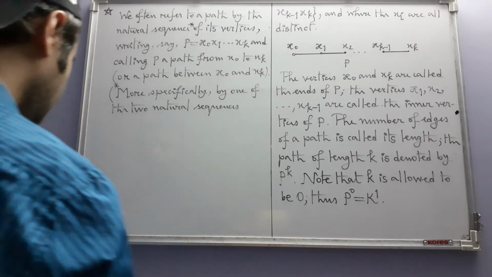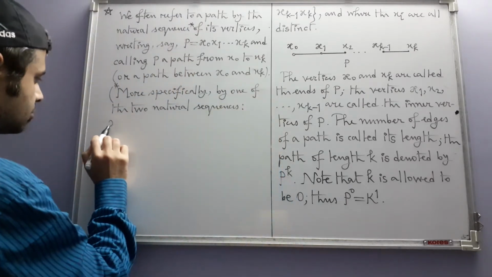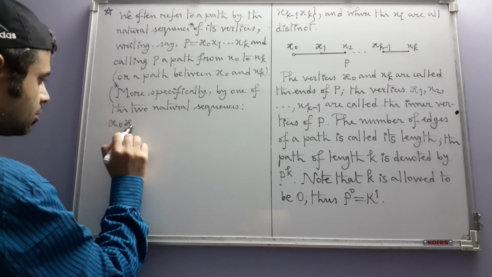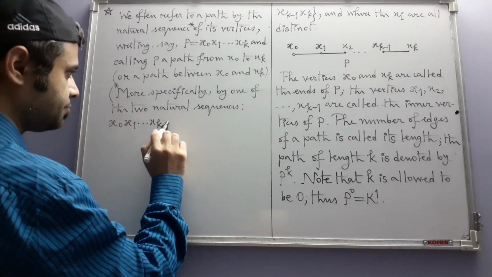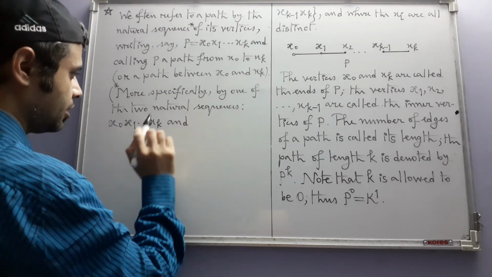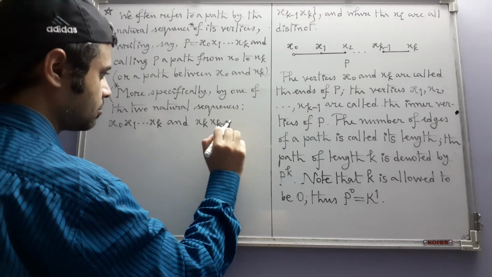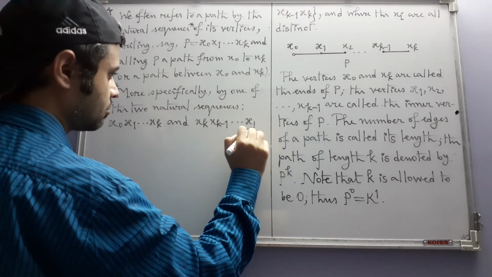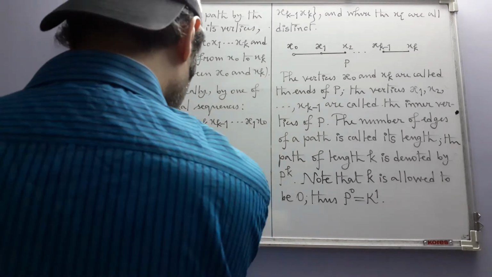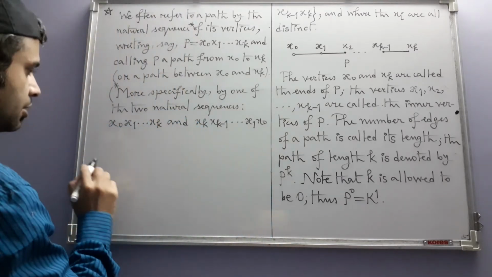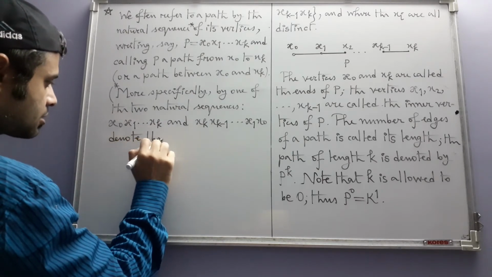That's what this is saying: x0, x1 up to xk, and xk down to x0, these two things denote the same path.